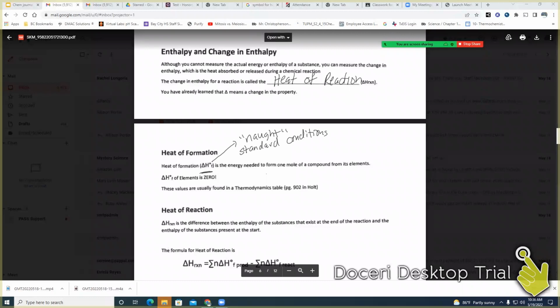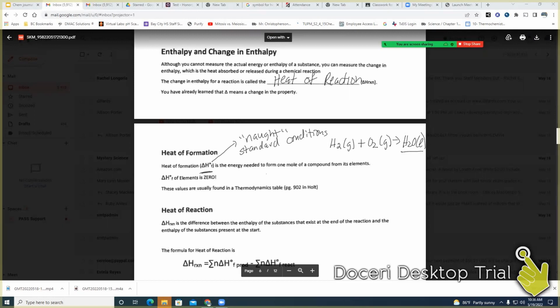So it is the energy needed to form 1 mole of a compound from its elements. So that would be like if I had hydrogen plus oxygen gives me H2O liquid. That would be an example of a heat of formation reaction.